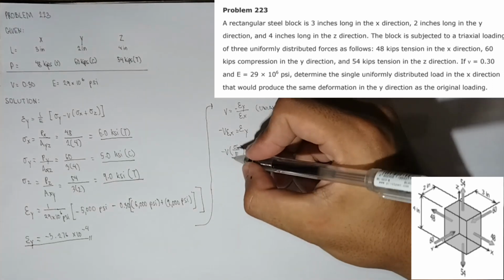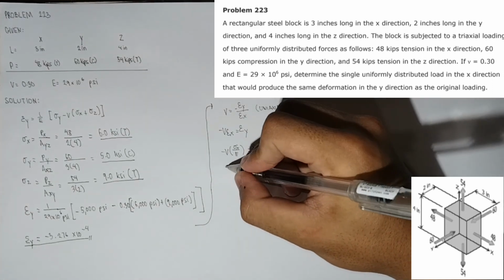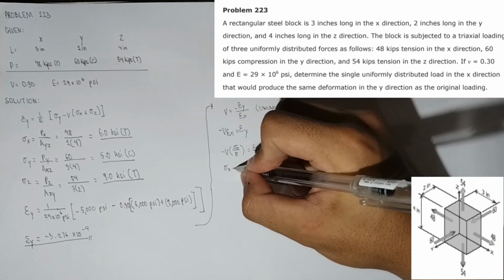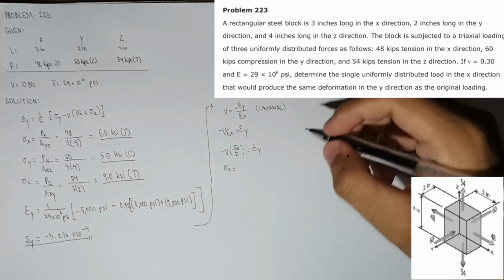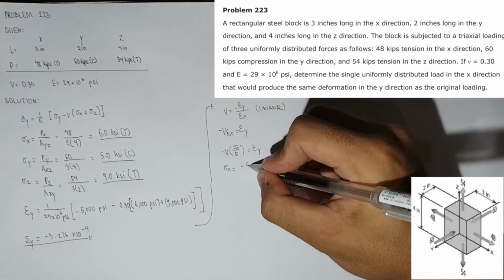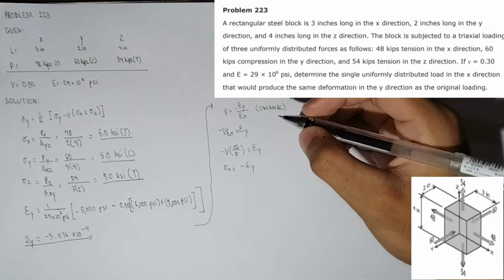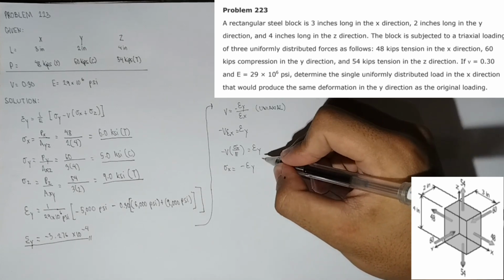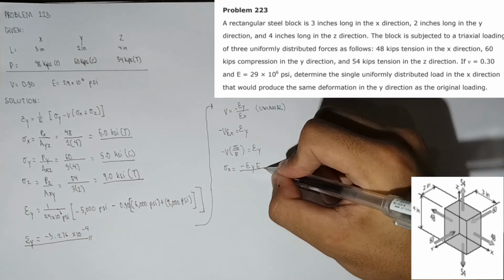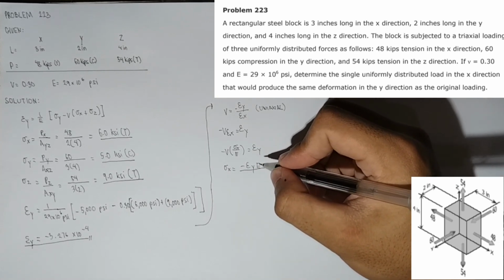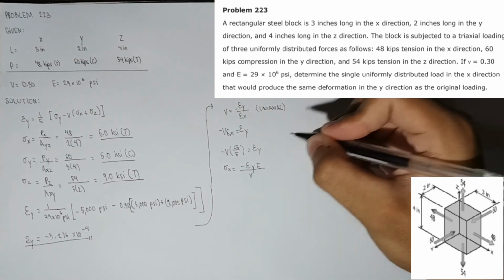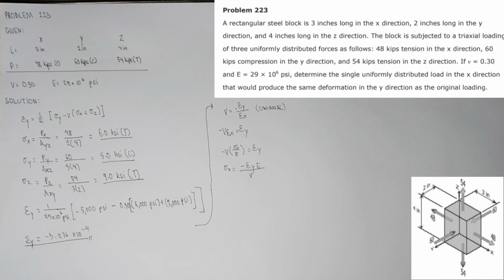This is going to be stress x is equal to negative strain in y times modulus of elasticity over V, Poisson's ratio.